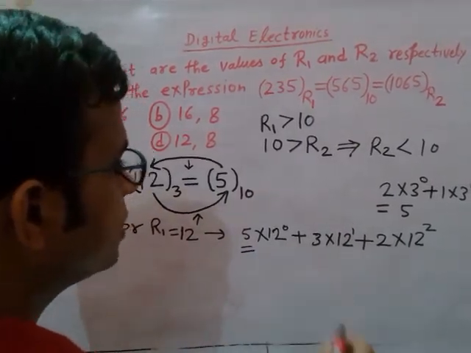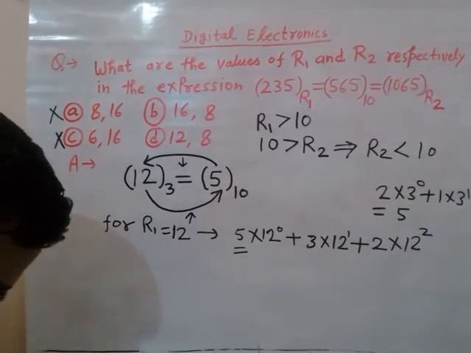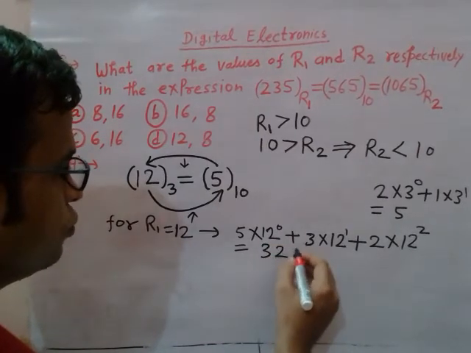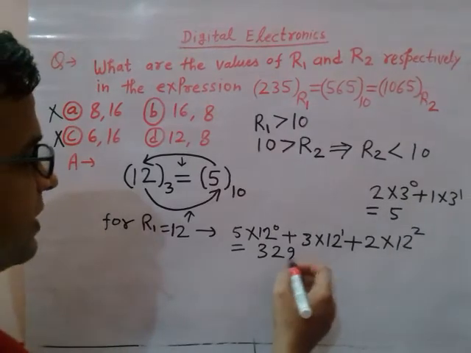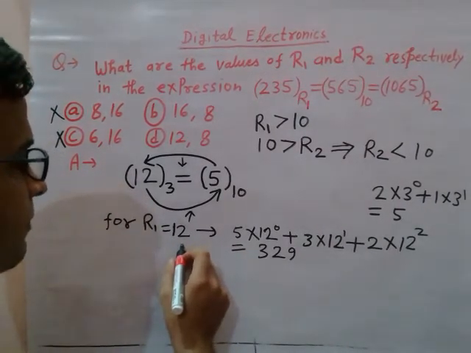When you calculate this, you will find it is equal to 329 in decimal, for R1 equal to 12.